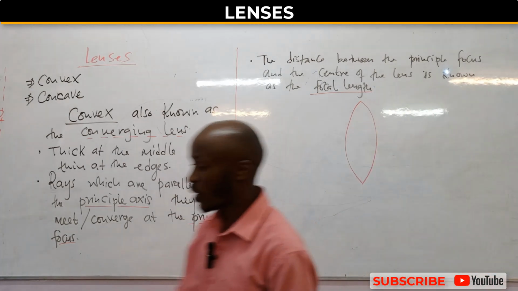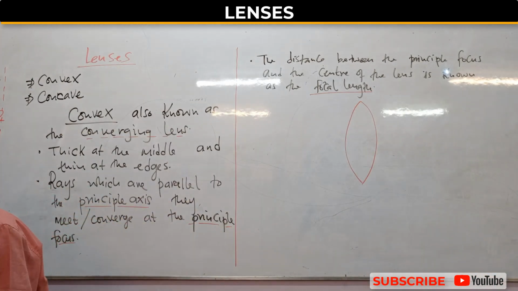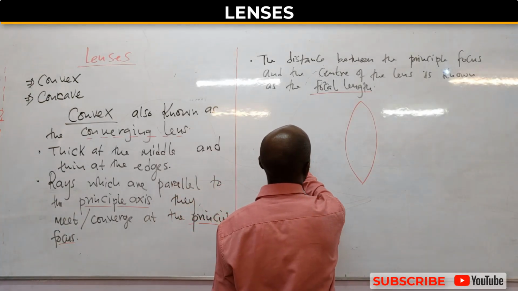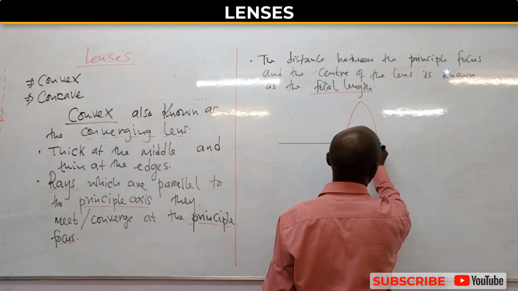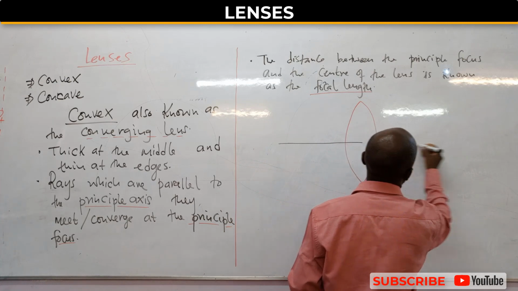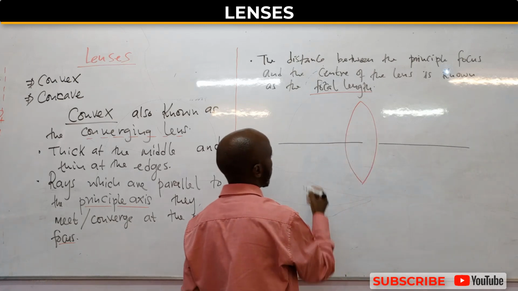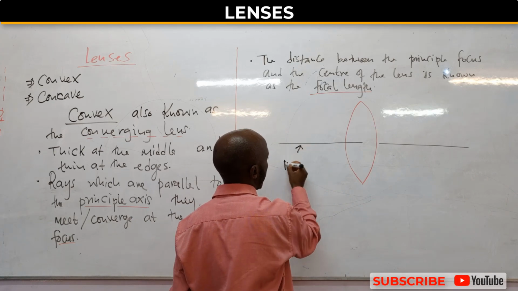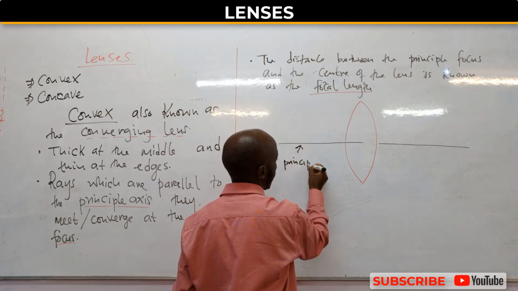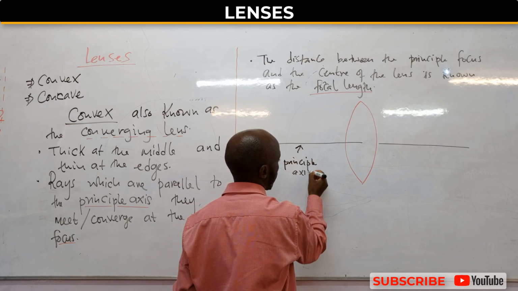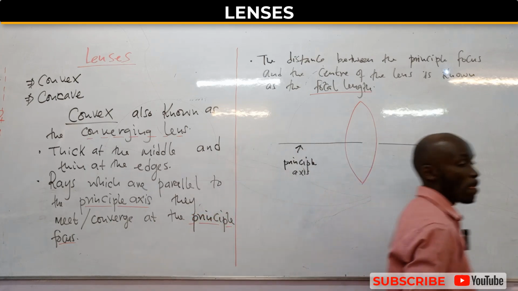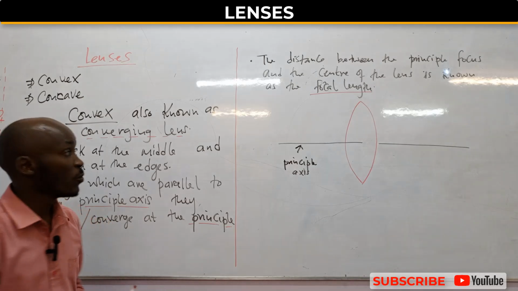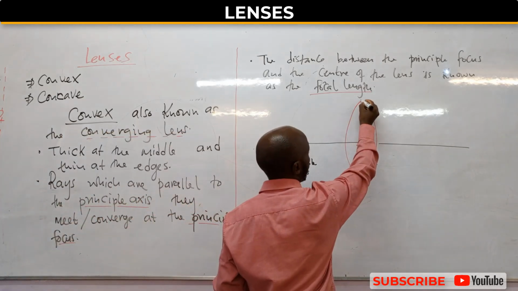And then the straight line that moves all the way from both ends through the center to the other side. This line is the one that we call the principal axis.